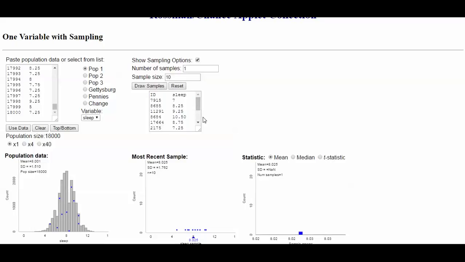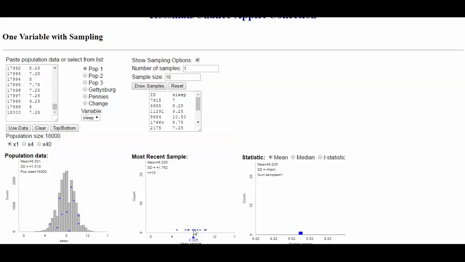We can see that my sample of 10 people has a mean sleep time of 8.025. So if we added their 10 sleep times and divided the total by 10, we would get 8.025. This is just showing that the sample mean is at the center of the sample.